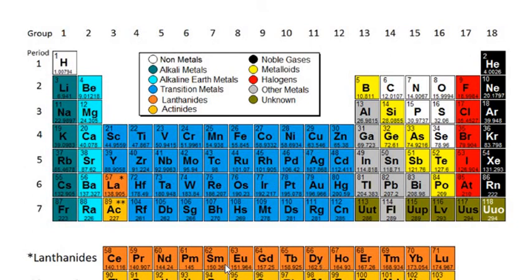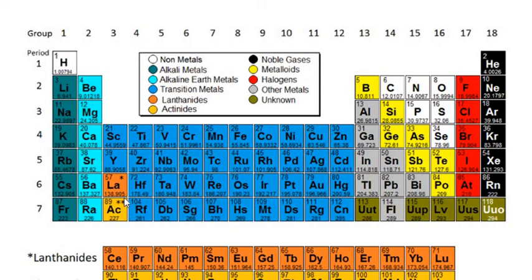These two rows at the bottom of the periodic table must be put here. This row must be put here, and this row must be put here. This group is called main transition elements, but these groups are called inner transition elements, because they must be put here in this place.